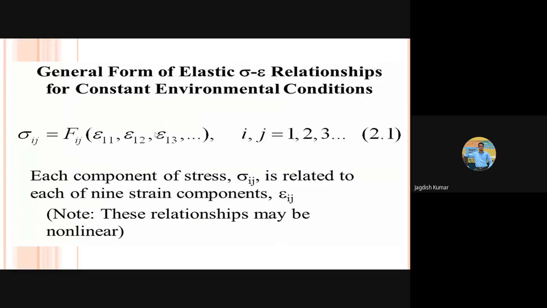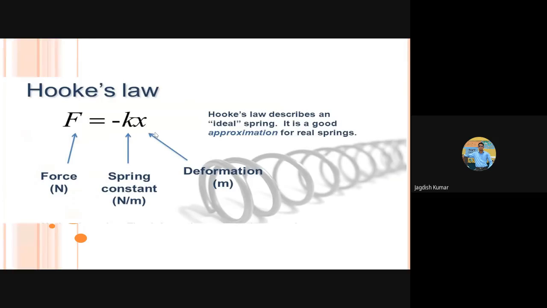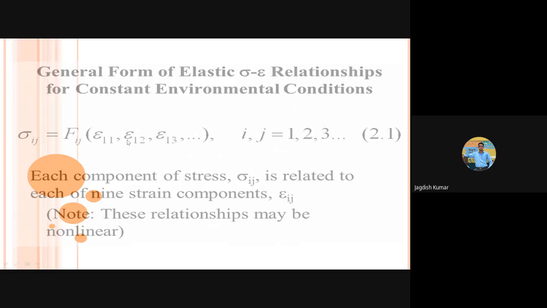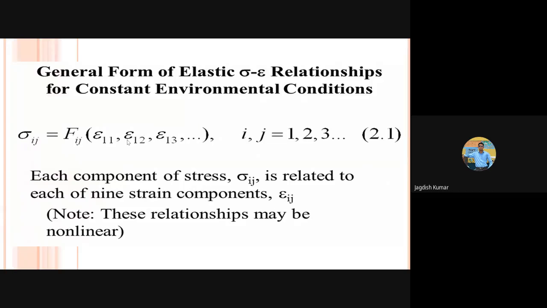So that's Hooke's law for the one-dimensional case. You are taking the spring to be one-dimensional; there is only one direction along which deformation is possible. But in a material, a crystal is a three-dimensional object.